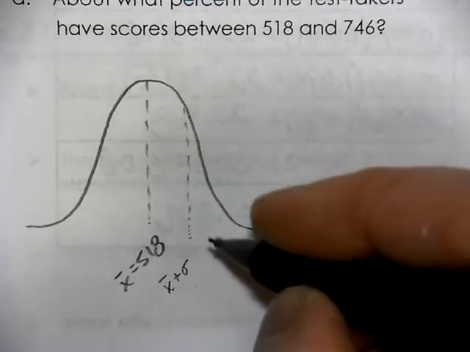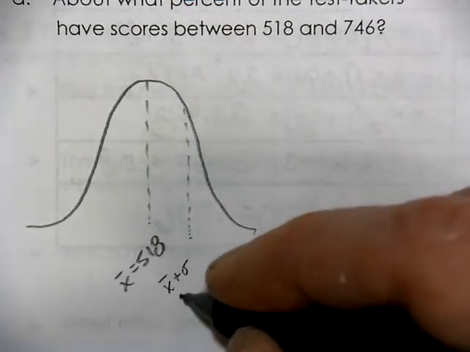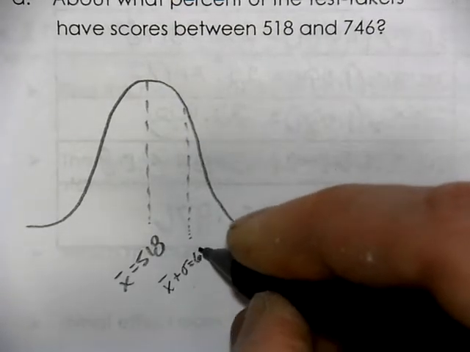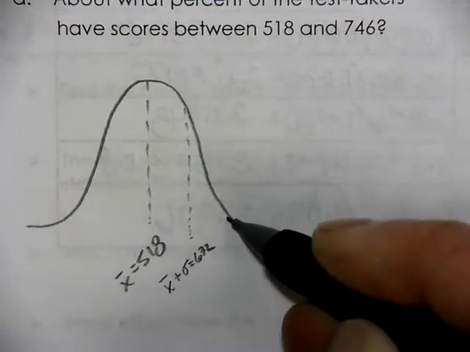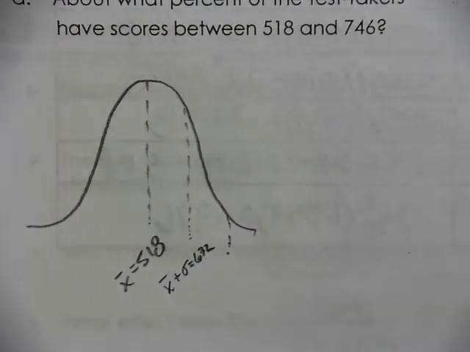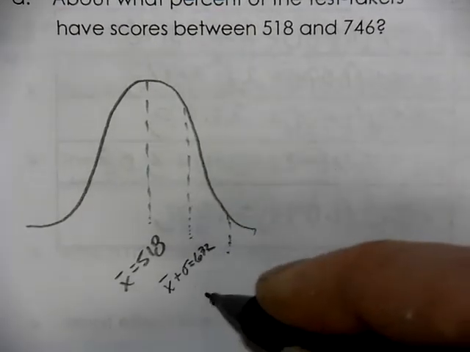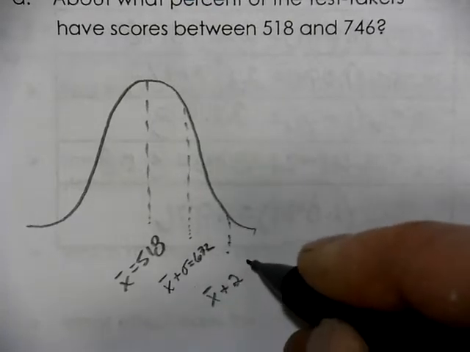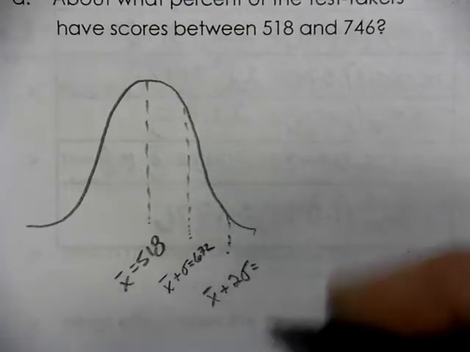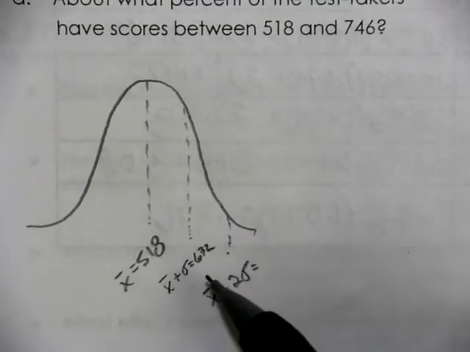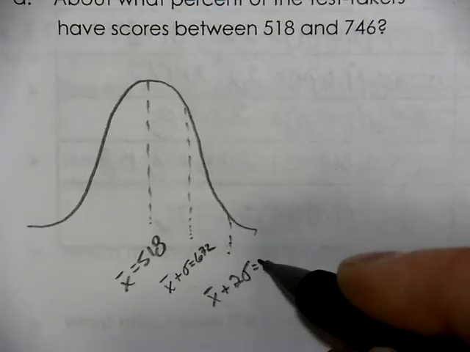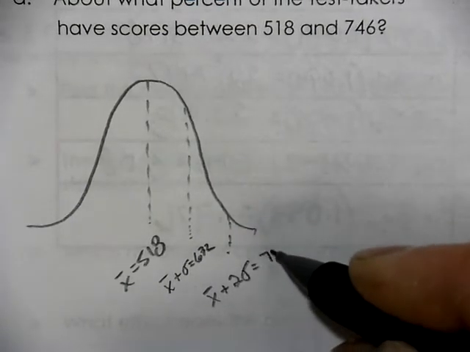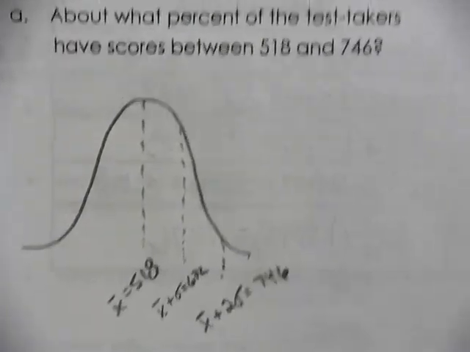That is 632. Another standard deviation, plus 2, is going to be 114 more. So that calculates out to 746.